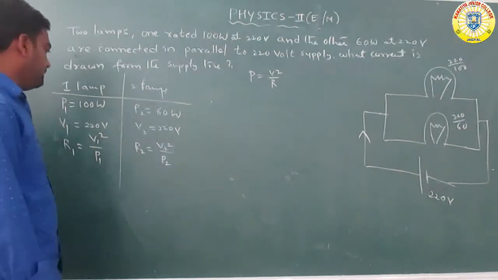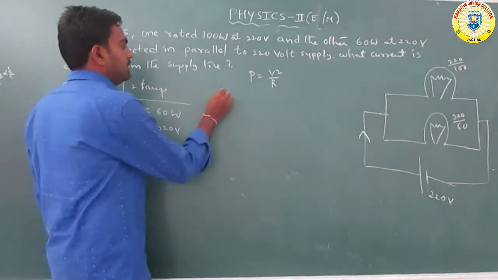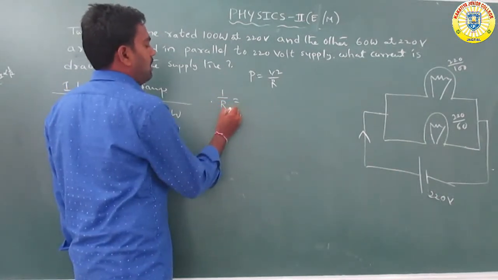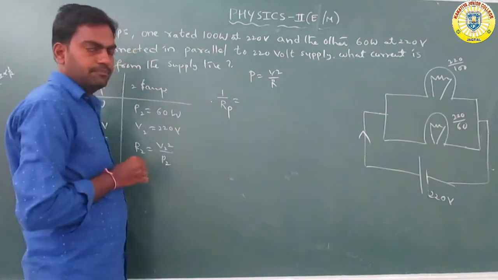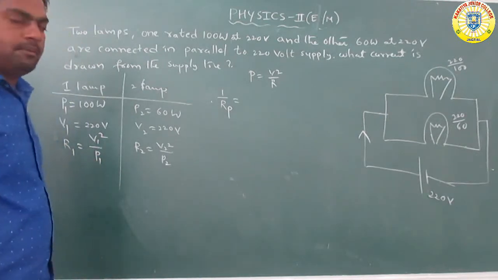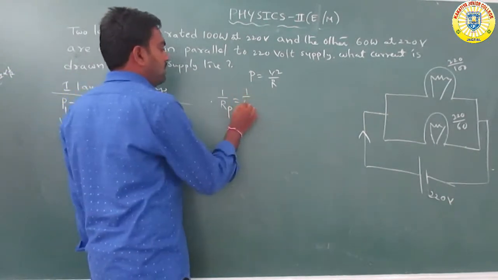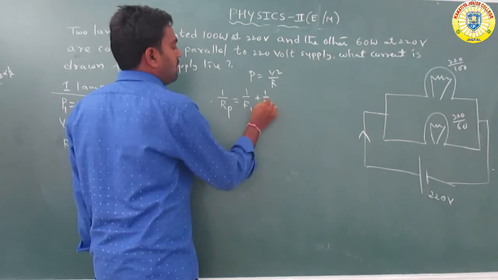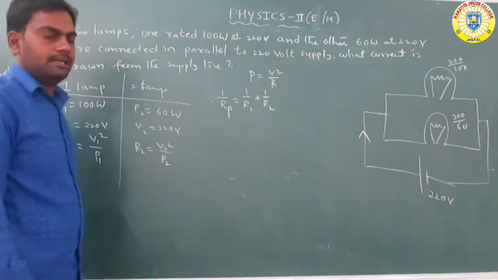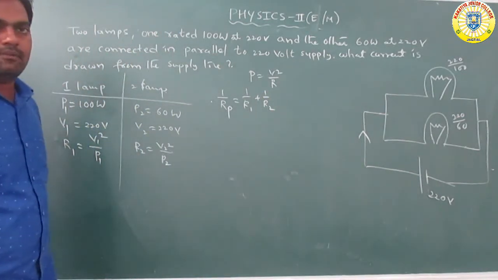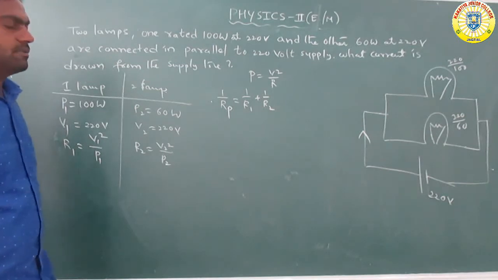Now in a parallel combination, 1 by RP is equal to 1 by R1 plus 1 by R2. So 1 by RP is equal to 1 by R1 plus 1 by R2.